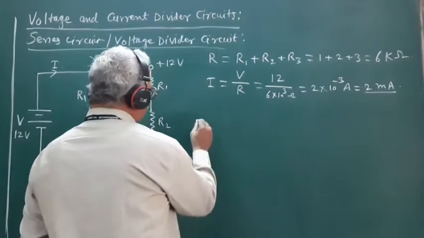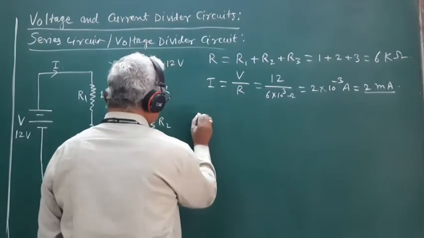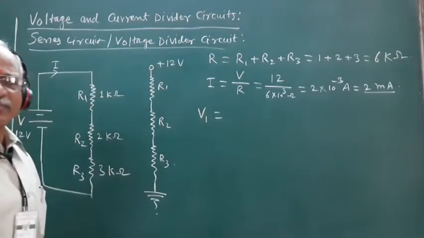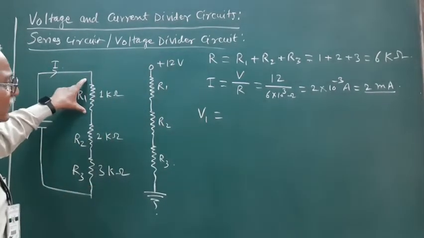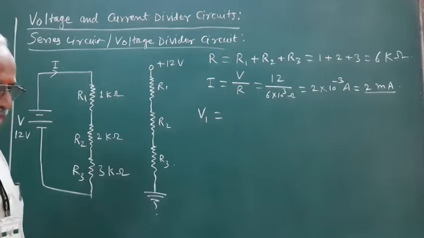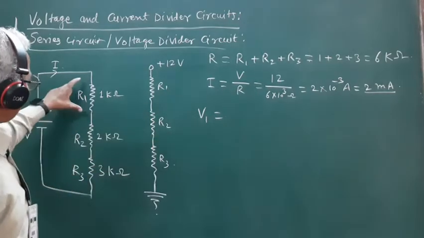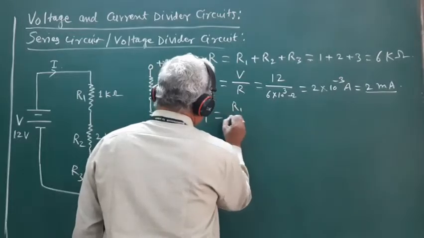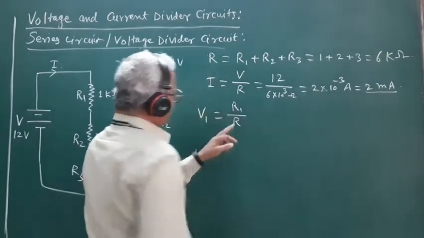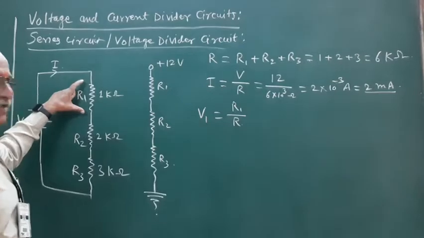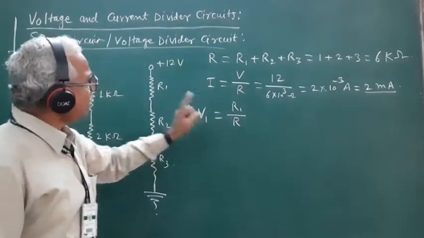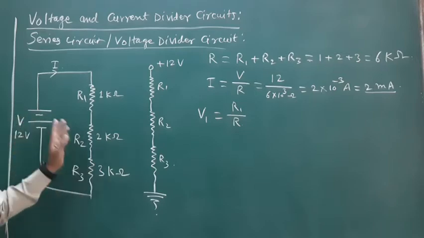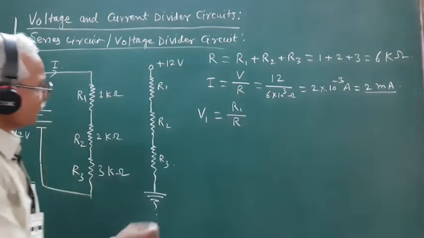According to the voltage divider formula, if we consider V1 as the potential drop across the first resistance R1, the value of the potential drop across R1 is given by R1 upon R, where R1 is the first resistor and R is the total resistance of the circuit.